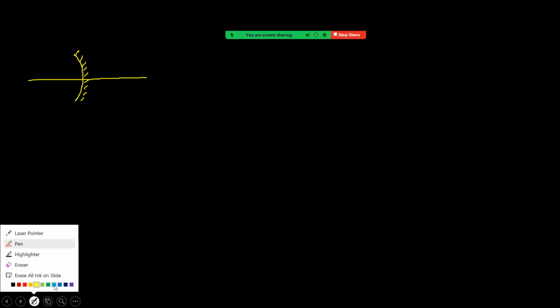Suppose the object is real. This is the object. Light rays are traveling towards the right side.